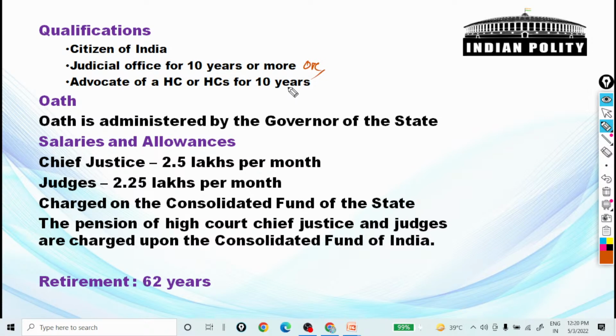So there are only three conditions. One is a compulsory provision, that is, citizen of India. For the other, either of the two should be satisfied.